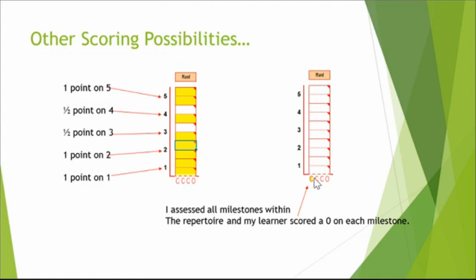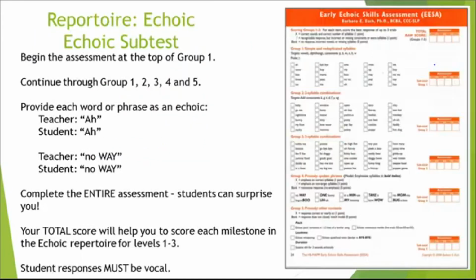So within 60 minutes, the learner has to ask for 10 items. If they don't, they do not meet that aim. So that has to be completed within a certain amount of time.